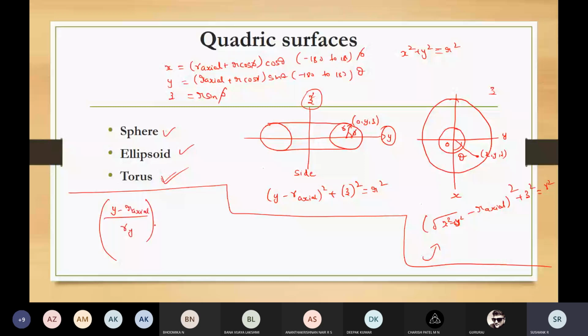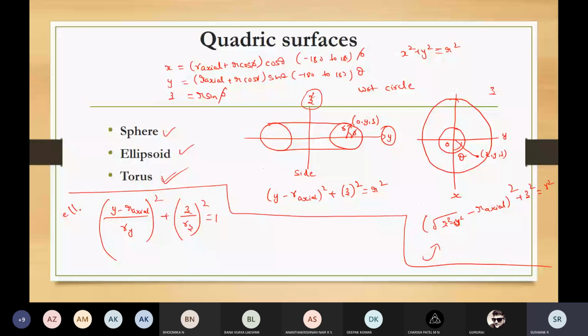This is the equation when deriving the torus from the circle, but if you generate it from the ellipse, this will be the equation you obtain: y minus r axial by ry, the whole squared, plus z by rz, the whole squared.